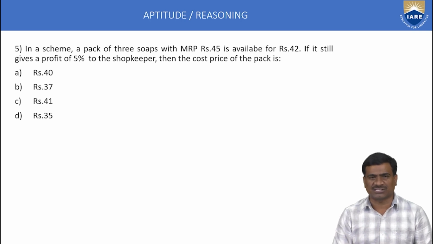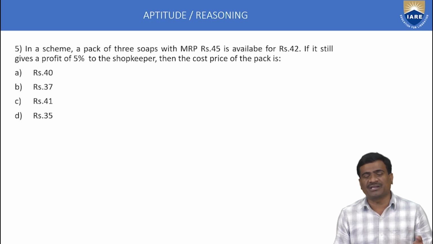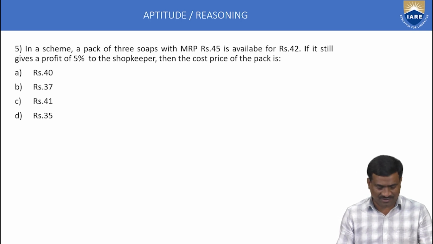Profit and loss concept. In this example, MRP indicates maximum retail price, or market price, or label price. Example number 5. In a scheme, a pack of 3 soaps with MRP rupees 45.